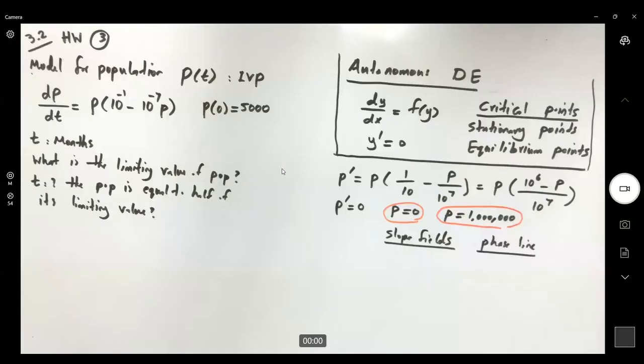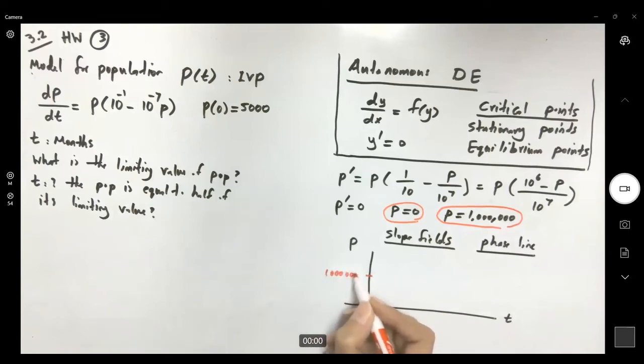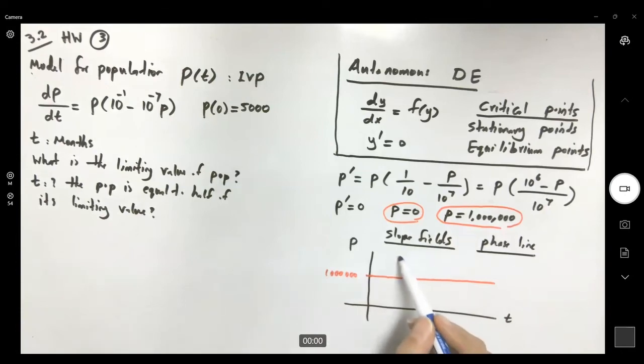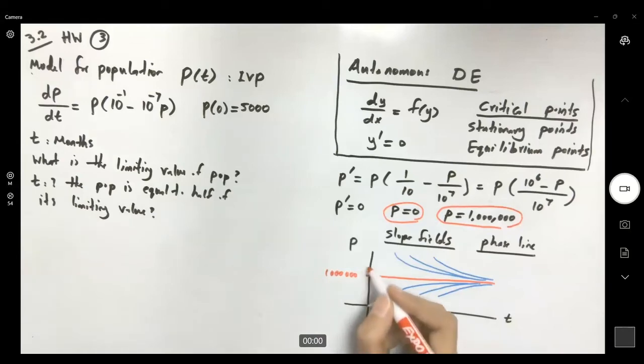So if we look at the slope fields that we have, T, P, around 1 million, the solutions are converging toward 1 million.